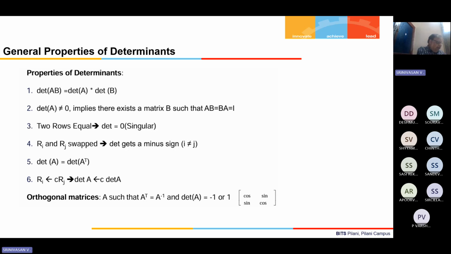Just look at determinant A equal to -2, 1, -4, 3, 4, 6, 5, -6, 10.